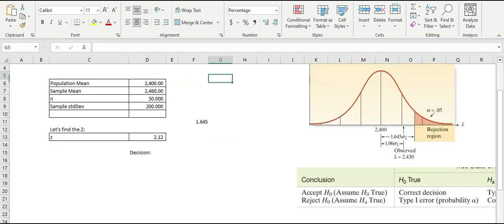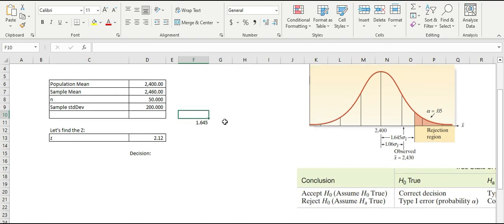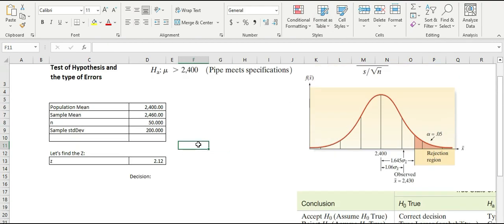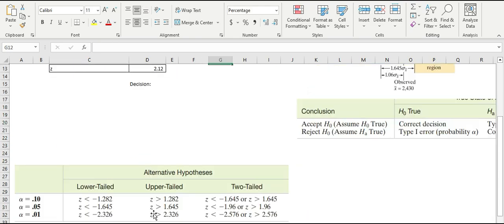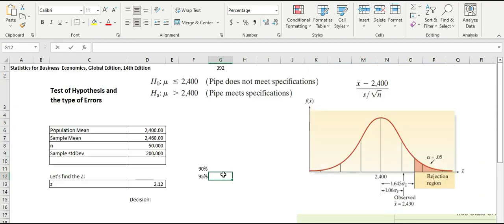We just have to put some alpha here, 90% and 95%. So the 95% is 1.96 and the 90% is 1.645.